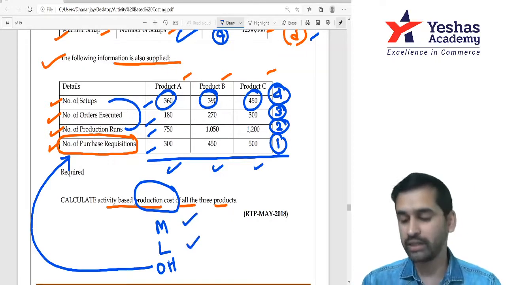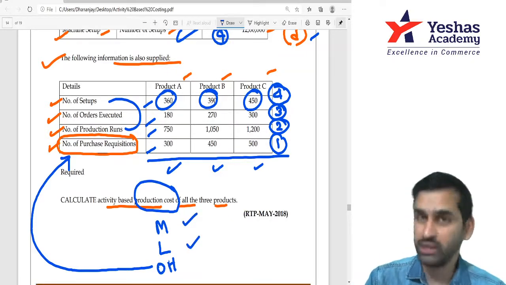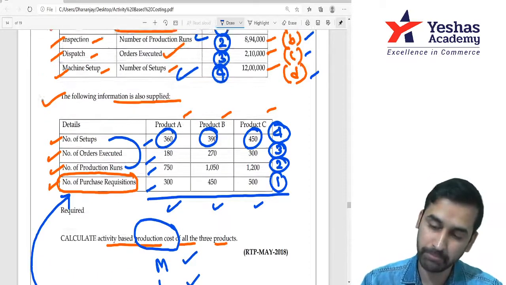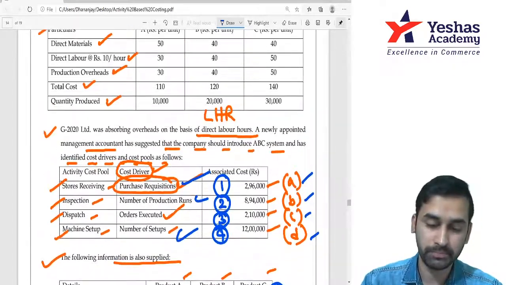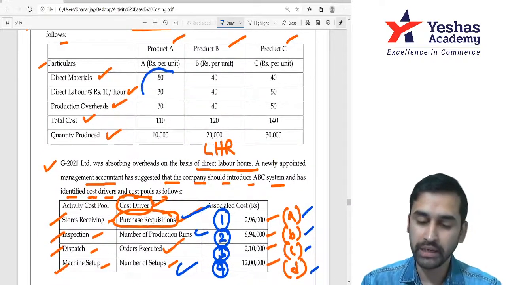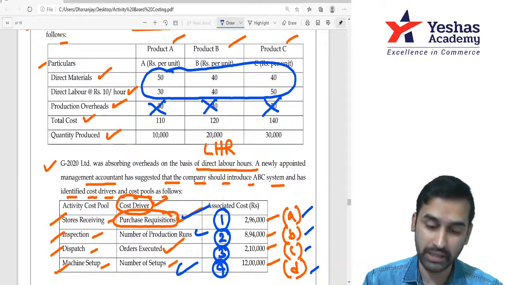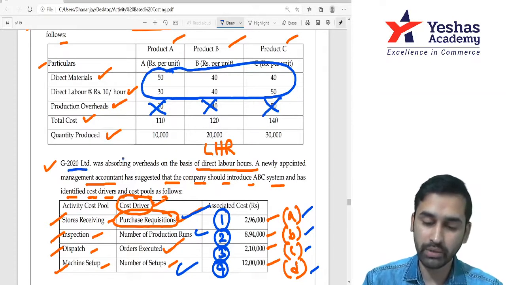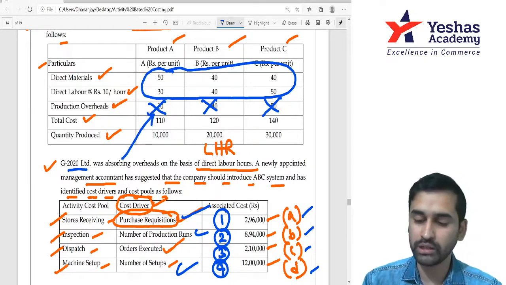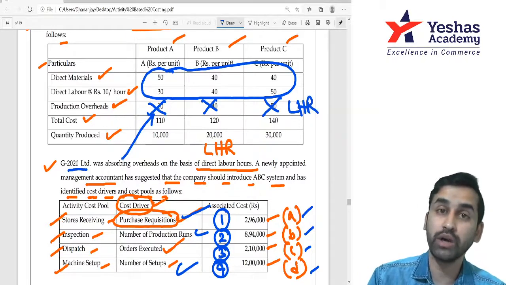What about material and labor? Sir, we know now. It should be given in the question. Perfect. Go to the first table. Material and labor is already given. Okay, sir, then what is this production overhead, sir? This is all based on their present practice. See here, G2020 was absorbing production overhead on the basis of LHR. That means this is the number that they've already got based on LHR.